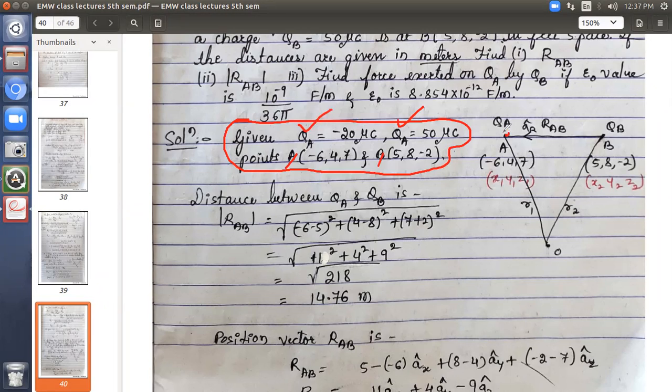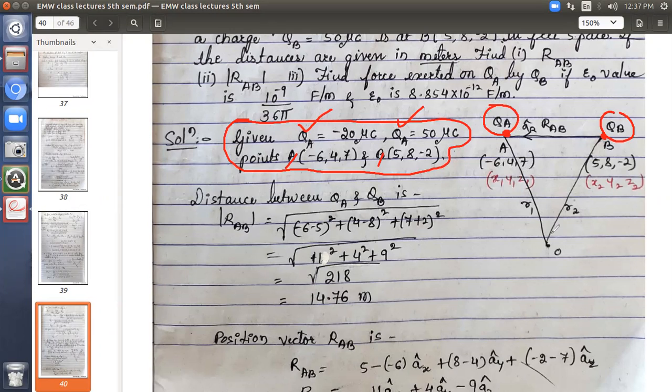I have done that. There is one point A here, one more point B. At point A, charge QA is there. At point B, charge QB is located. This is on the paper I have shown you, but actually they are in space, in a classroom, located at A and B with some spacing.